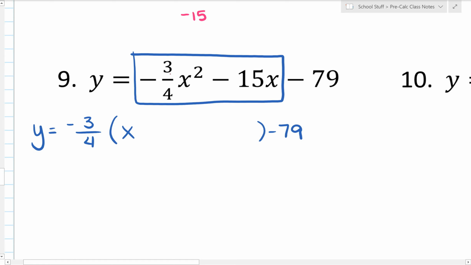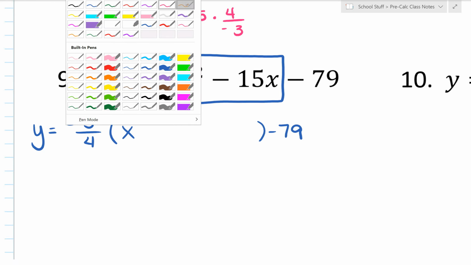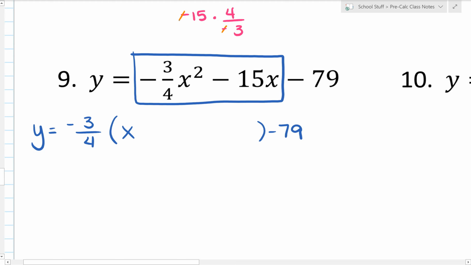To divide by this negative 3/4 means to multiply by the reciprocal. And when I do that, negative times a negative is a positive. 3 goes into 15 5 times. 5 times 4 is 20. So that means the number that goes here is a positive 20. And again, if I were to multiply, negative 3 times 20 is negative 60, divided by 4 is negative 15, so it all works out.